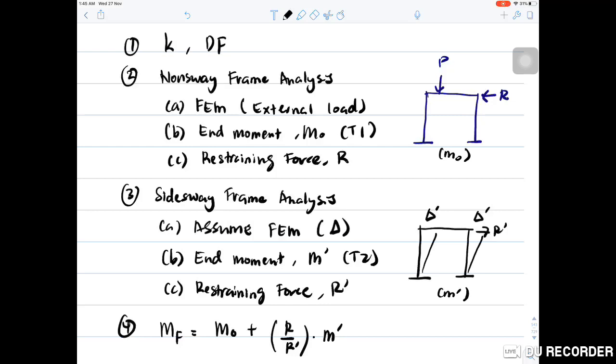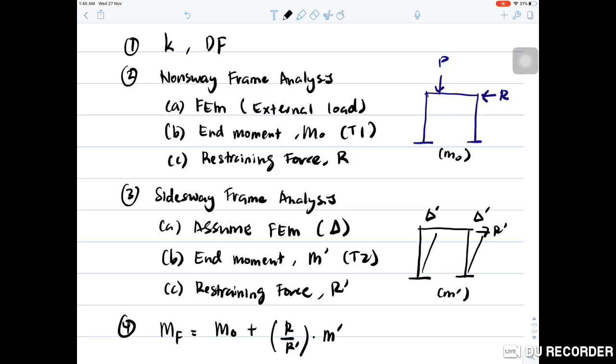However, for step number 3, we have to assume FEM. What we will do is assume FEM for one member, and calculate the FEM for the other member. It is actually based on ratio. And after that we determine FEM based on the assumed value of the first FEM.